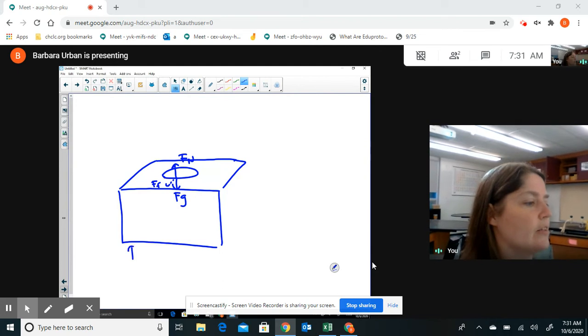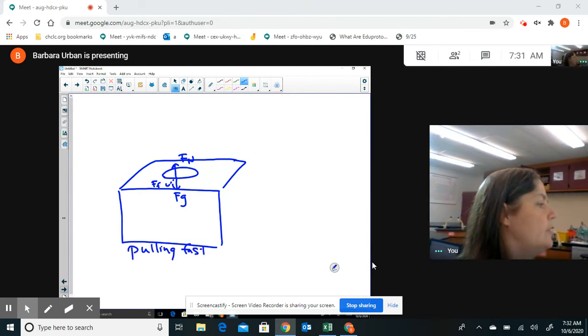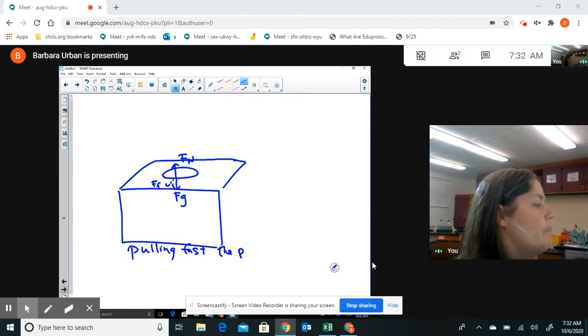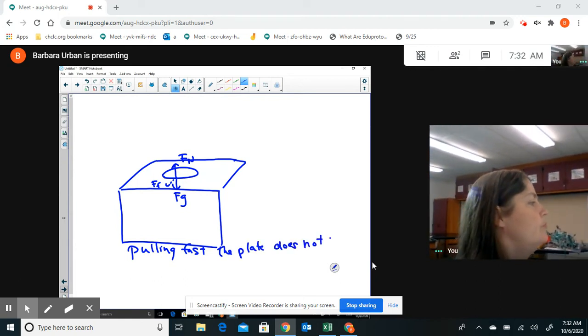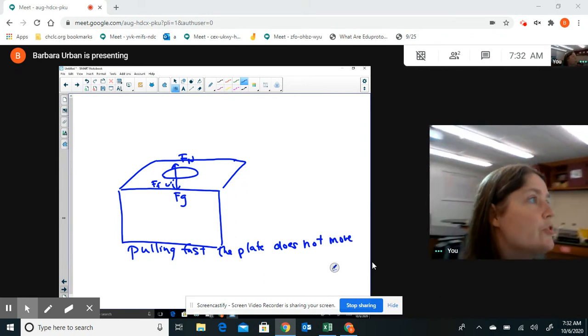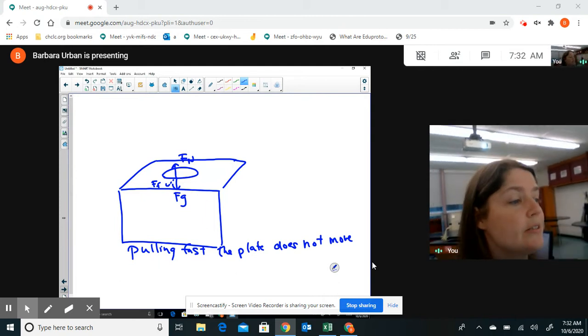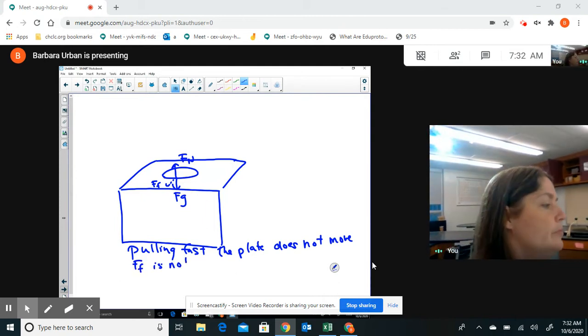So this one's pulling fast. The plate doesn't move. And now we've got to look at why. So what we know is that the frictional force is not big enough.